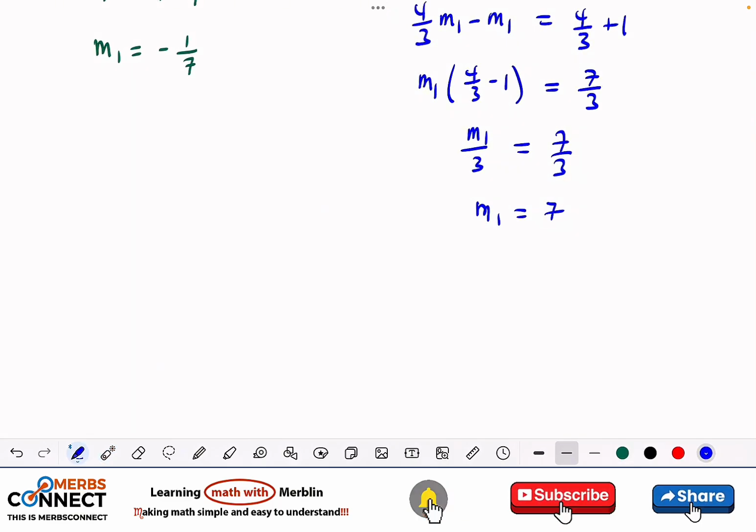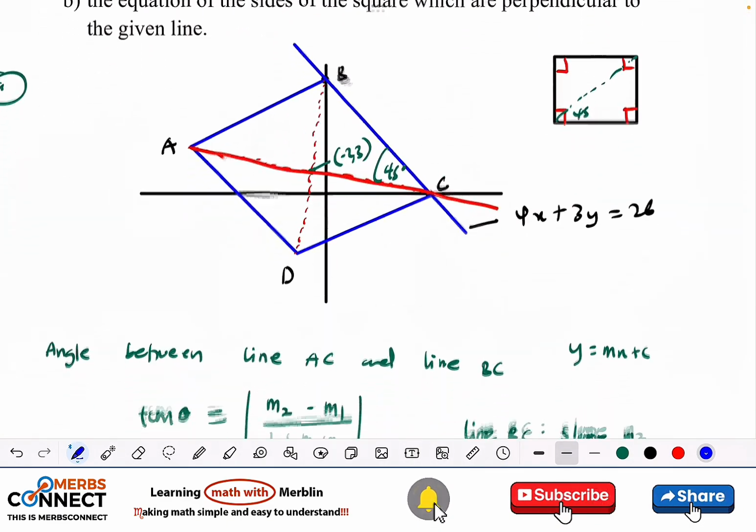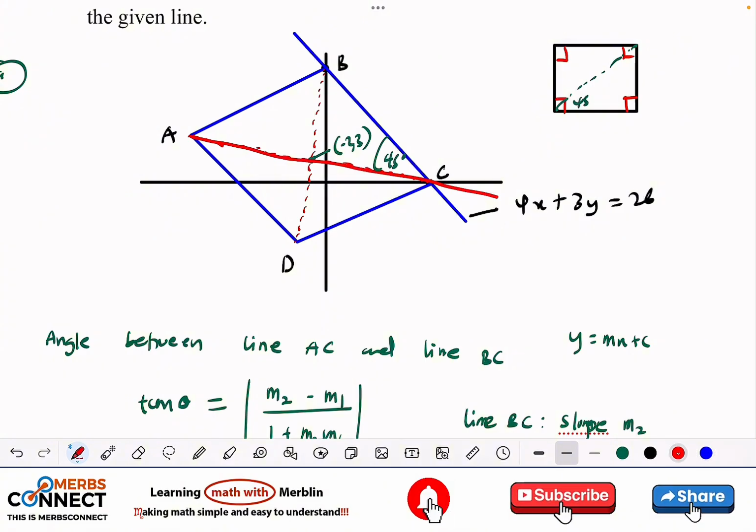So let's assume that the slope of line AC is m1, which is equal to 7. So let's use this. So good. Now let's come back here. We know that the slope for AC is now m1, which is equal to 7.